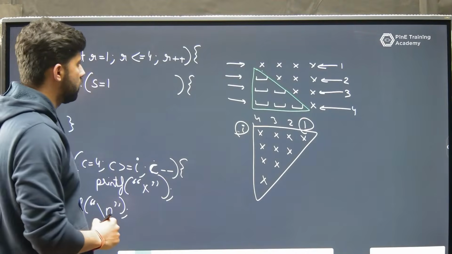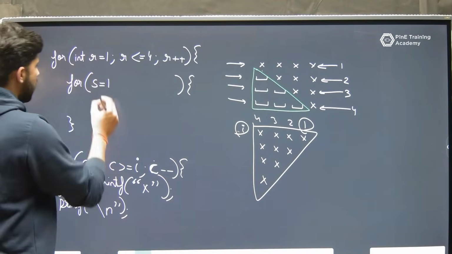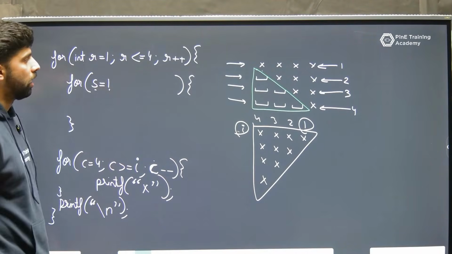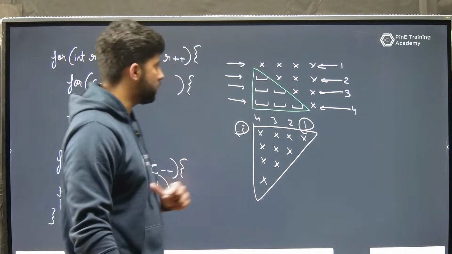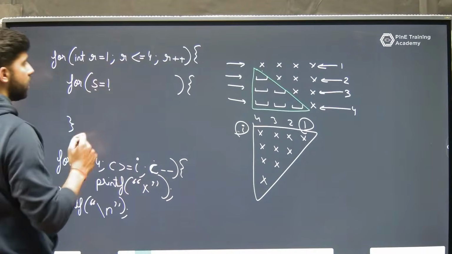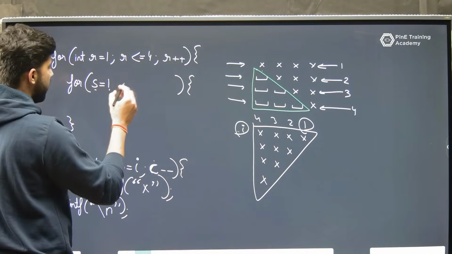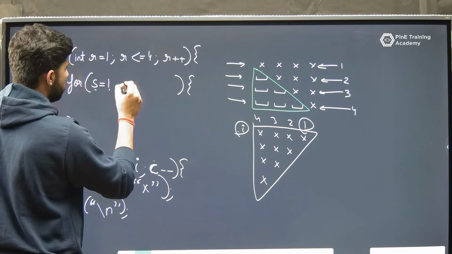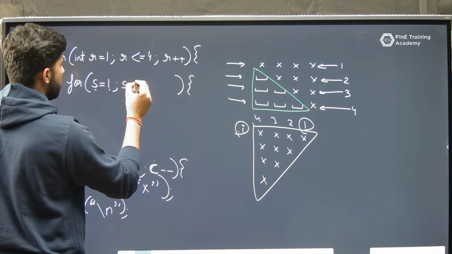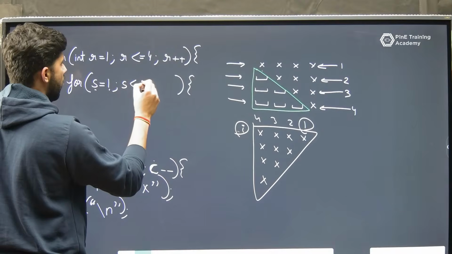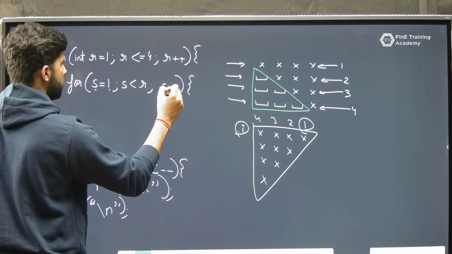That means if I start my space with 1 and somehow fail the condition for the first row, let's see if I can do that or not. So S is less than R, S plus plus.